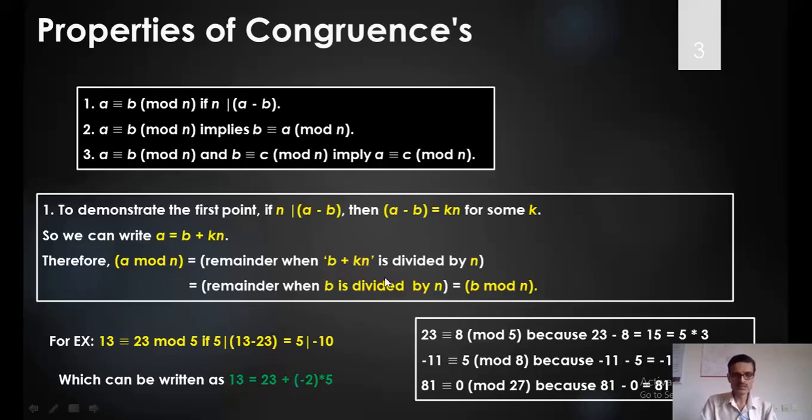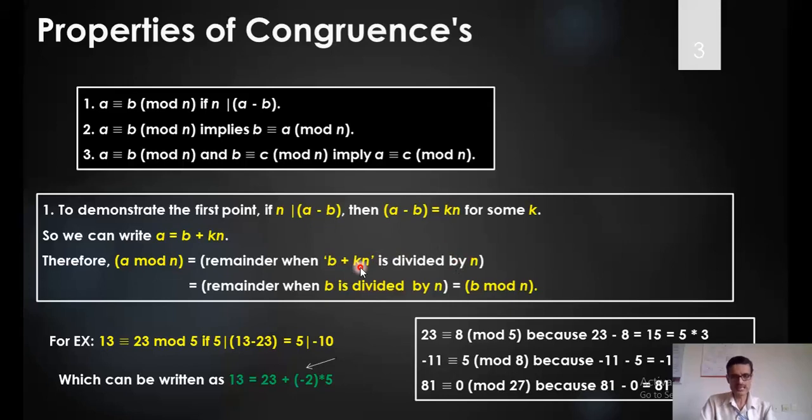Now in this case, b plus kn divided by n, means kn divided by n will give you 0, because multiples of n divided by n. Let us say n is equal to 5. kn is a multiple of n, k is an integer, say 10, maybe 15, maybe 20. The remainder is always equal to 0, right? So the remainder of this operation will be 0.